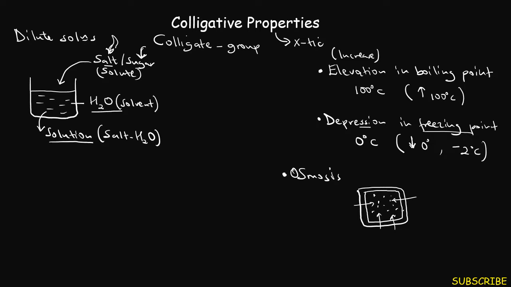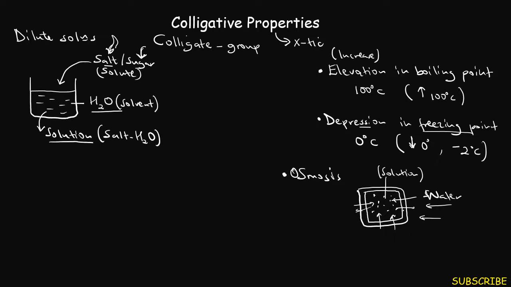So if we have our solution here, maybe our salt water solution, we shall see a tendency of water molecules moving into the solution. However, we shall not see the solid particles in the solution trying to escape. So this osmosis is also due to the number of solid particles that have been dissolved in the water. So the more concentrated our solution will be, the more water will tend to enter into this solution as it crosses a semi-permeable membrane.